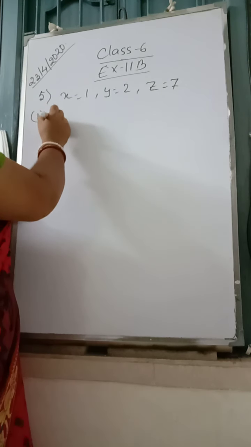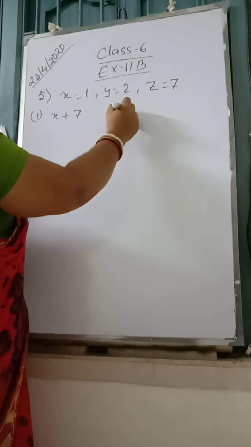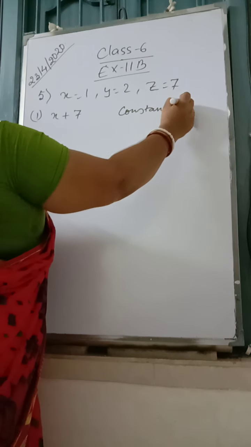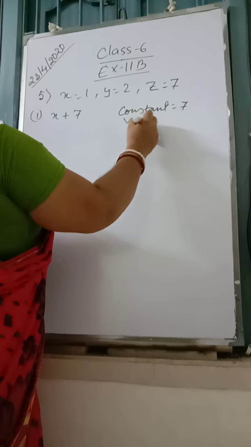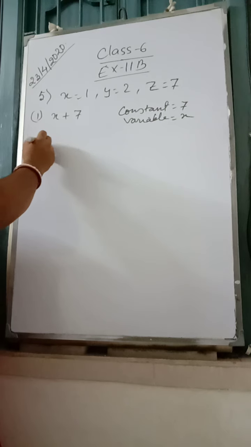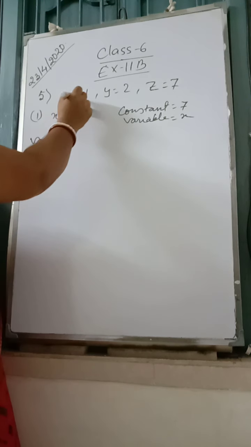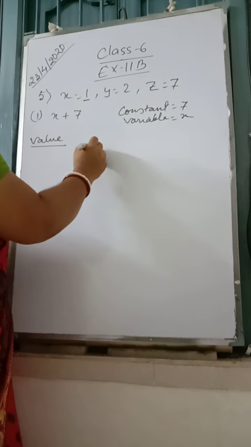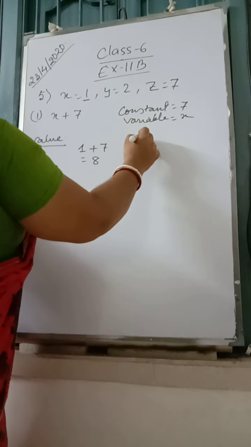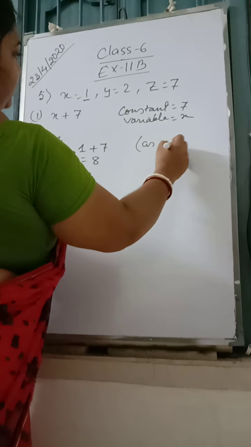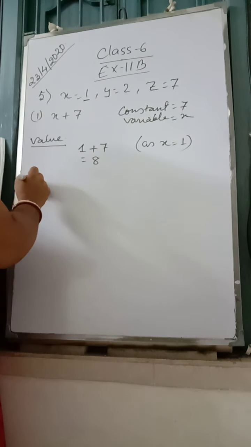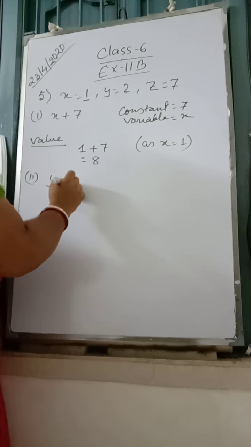The first is x plus 7. You write here: constant is equal to 7, variable is equal to x. Now the value will be, what was the value of x? 1 plus 7, it is 8. We just have to put the value of x as 1. Look at number 2: y minus 9.